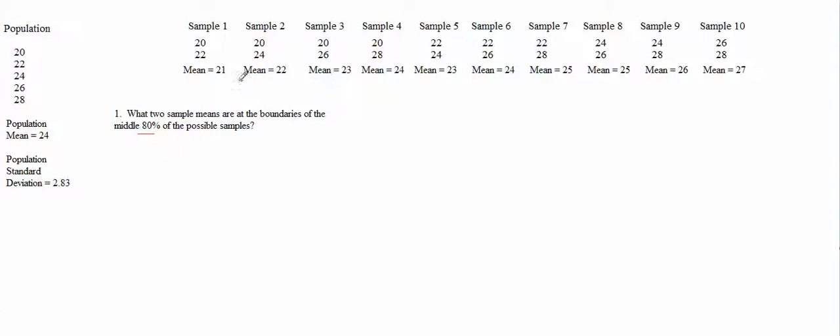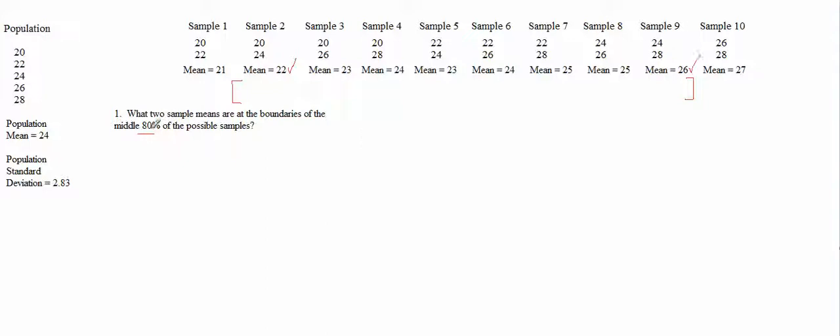They go from here, sample 2, all the way up to sample 9, because there's 1, 2, 3, 4, 5, 6, 7, 8 samples in there. So it looks like the 2 means that are at the boundaries of the middle 80% are 22 and 26.